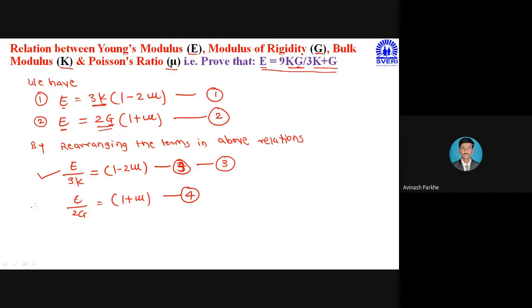If I take this 2g to the left side, equation number 2 becomes E upon 2g is equal to 1 plus mu. This is equation number 4. That means from equation number 1 and equation number 2, we have obtained equation number 3 and equation number 4.